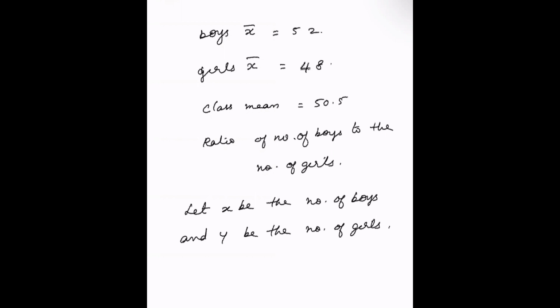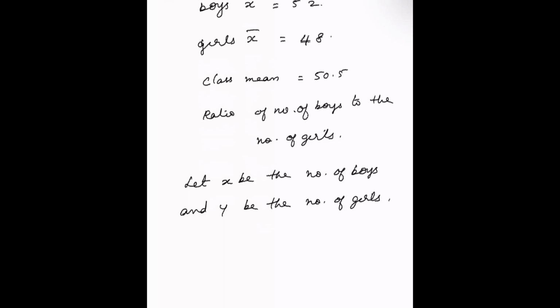In this case, what would be the sum of observations for boys? Sum of marks scored by boys is going to be 52 into x.